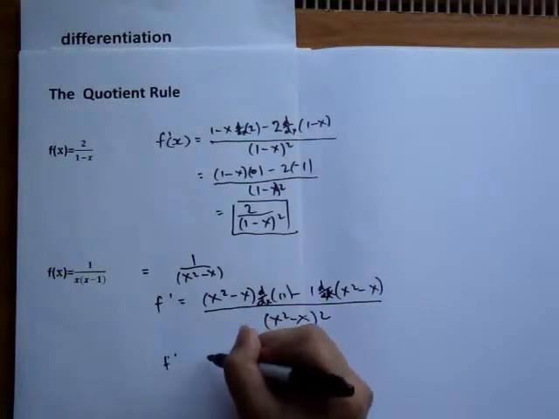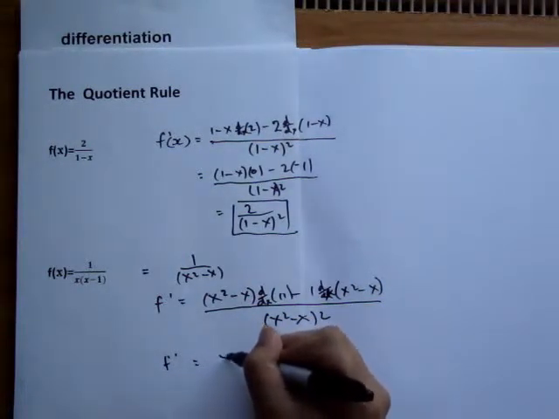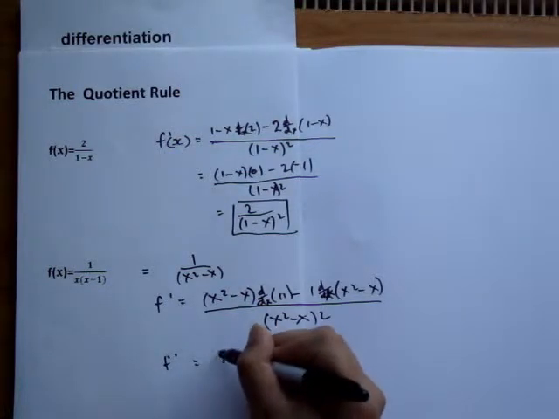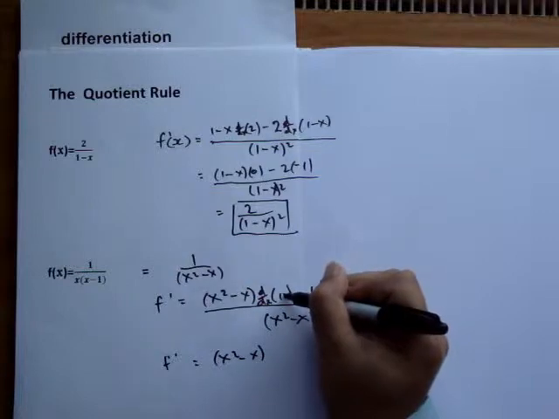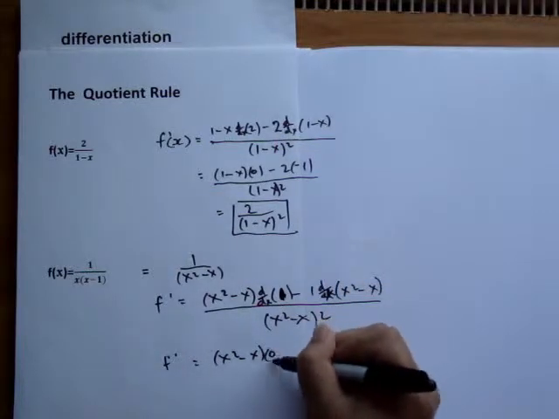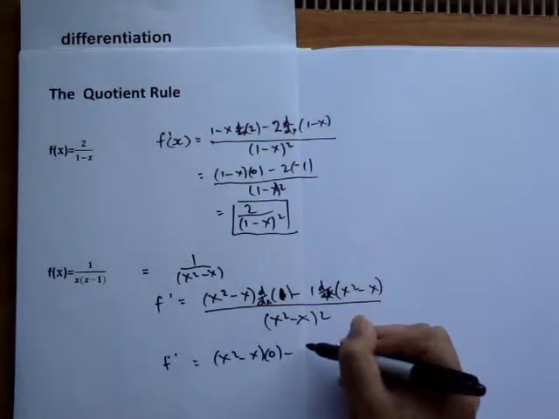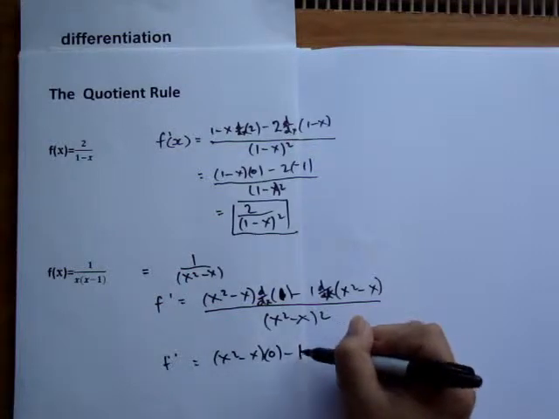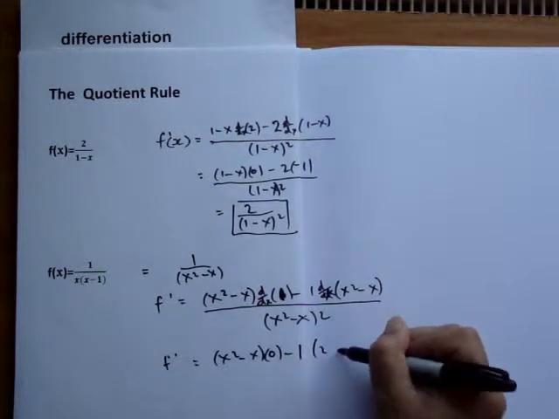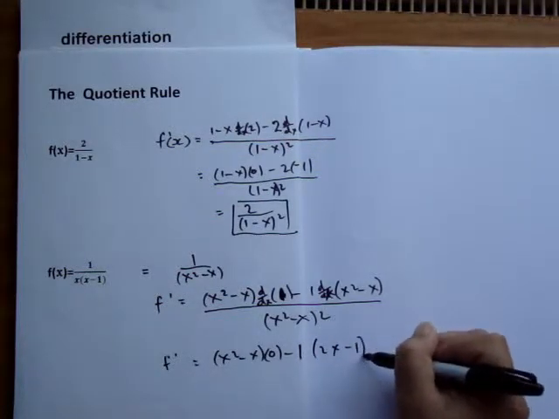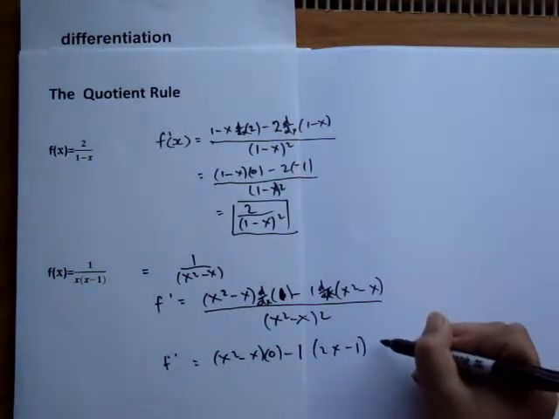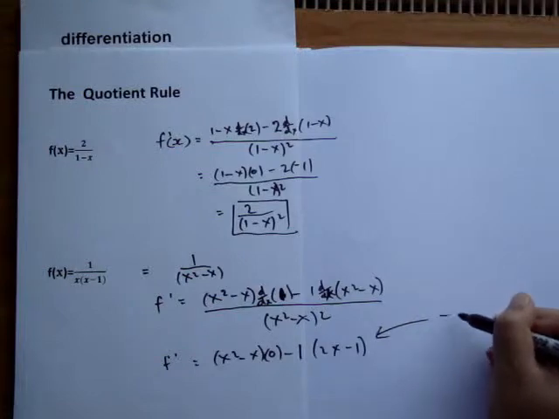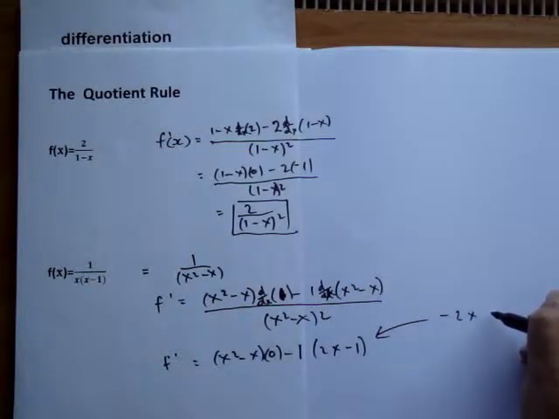So f prime then becomes x squared minus x, derivative of 1, sorry, that should be 1, is 0, minus 1, 2x minus 1. If we get rid of the brackets here, this becomes minus 2x plus 1.